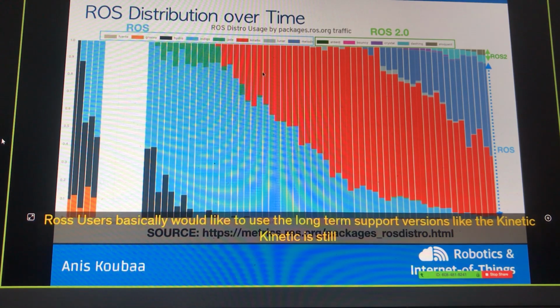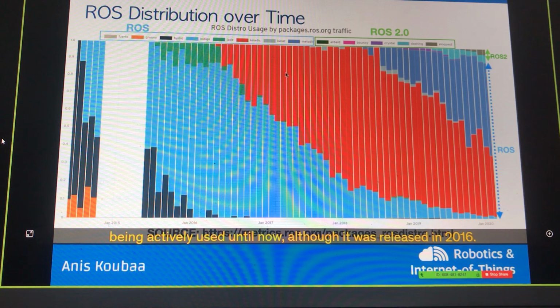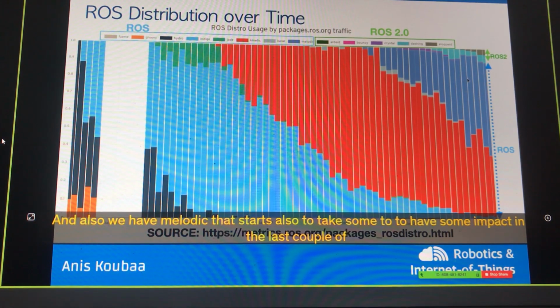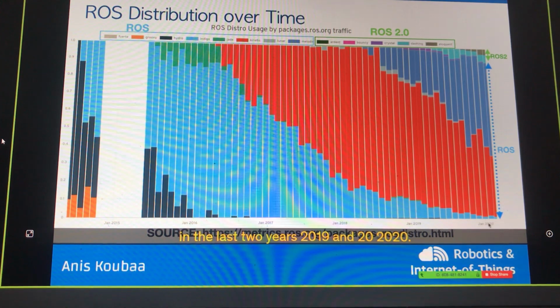ROS users basically would like to use the long-term support versions like Kinetic. Kinetic is still being actively used until now, although it was released in 2016, and it is still used by around 50% of ROS users. And also we have Melodic, which starts to have some impact in the last 2 years, 2019 and 2020.